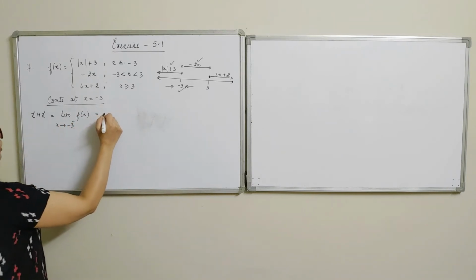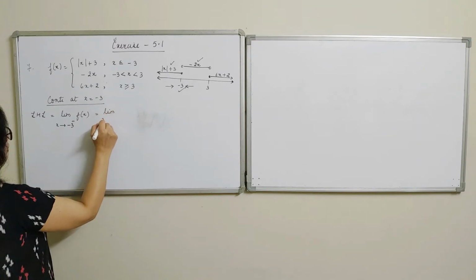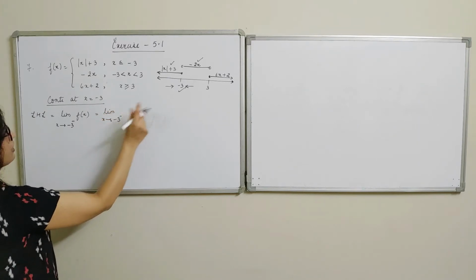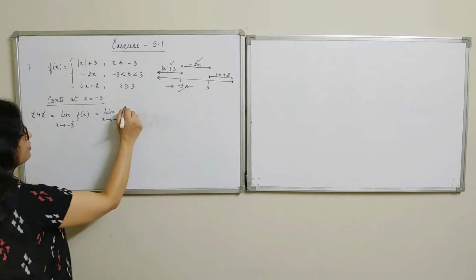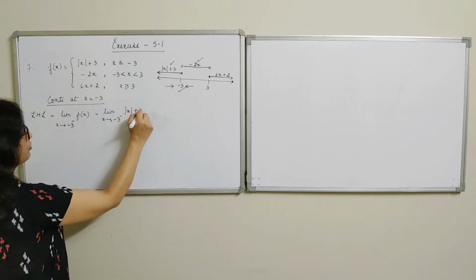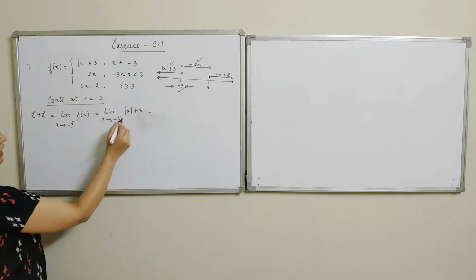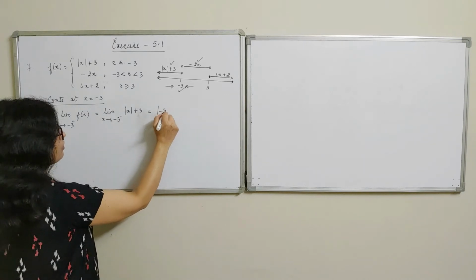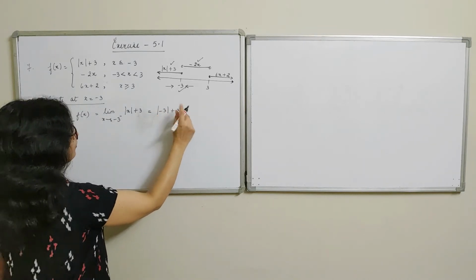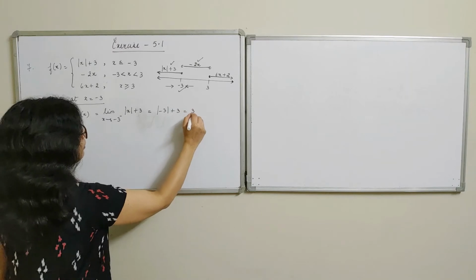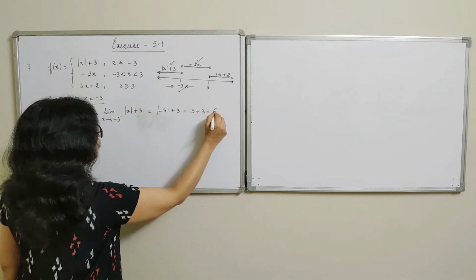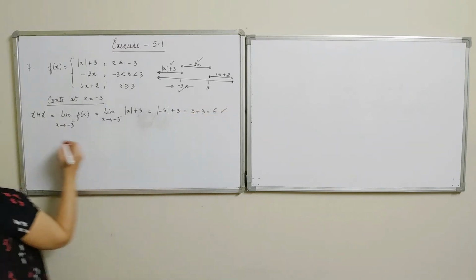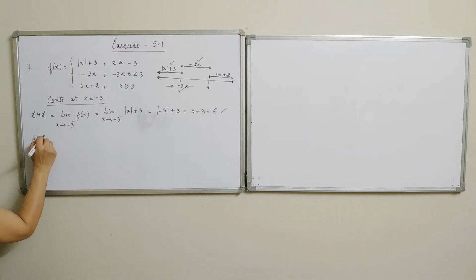Let us choose which function this is, less than minus 3. So it is mod x plus 3. Substitute the value of x, minus 3. So we get 3 plus 3, which is equal to 6. LHL is 6.